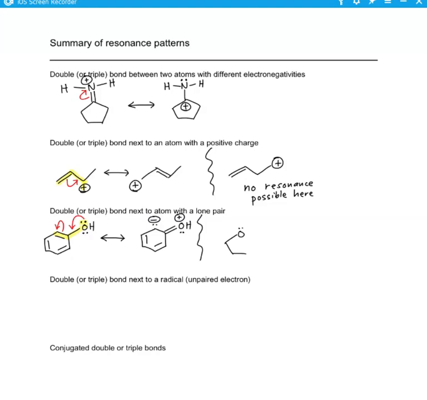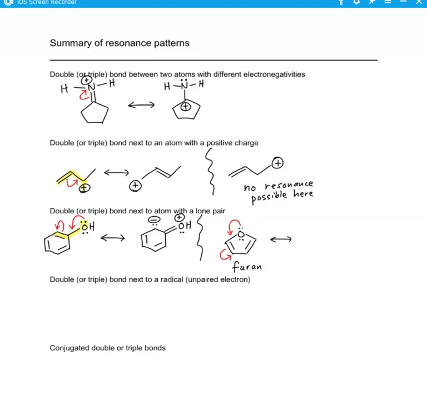Let's do another one of these. This is a compound called furan. Again, not a name to memorize. But we have the same situation. The oxygen has two lone pairs. You can move one of them in either direction and push a pair out of a double bond.